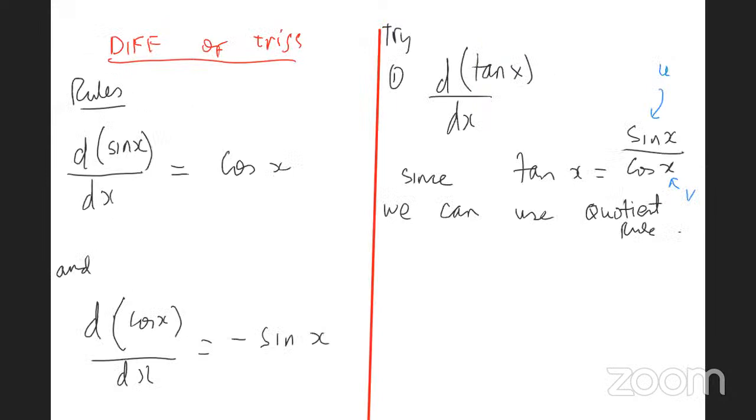All right. You will need a little bit of trig to simplify this properly. See if we can simplify the numerator. So u is equal to sine x. v is equal to cos x.